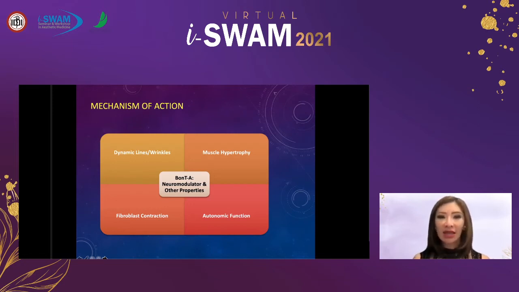Other than that, the mechanism of action is to reduce muscle hypertrophy, which we are going to discuss, especially for contouring, and also autonomic function, which leads to the use of toxins in hyperhidrosis and oil reduction, and fibroblast contraction, which leads to the use of toxin in facial contouring as well.